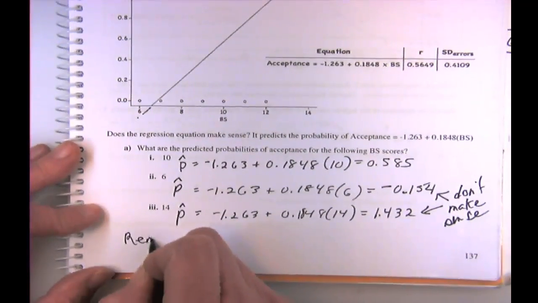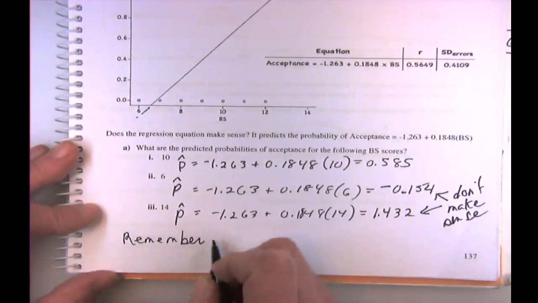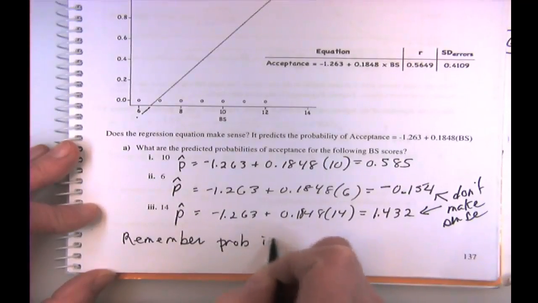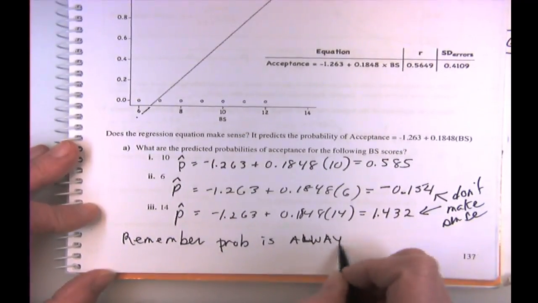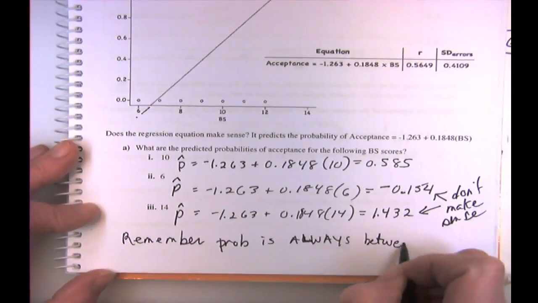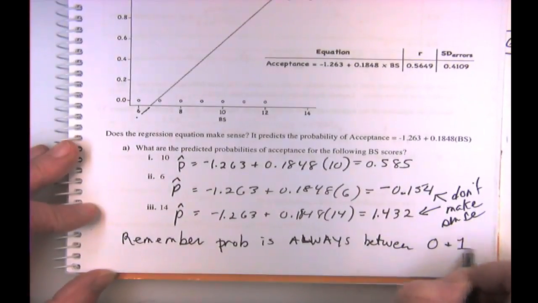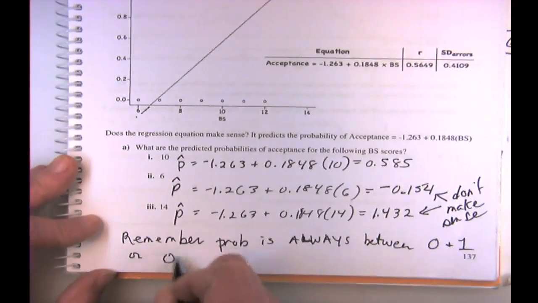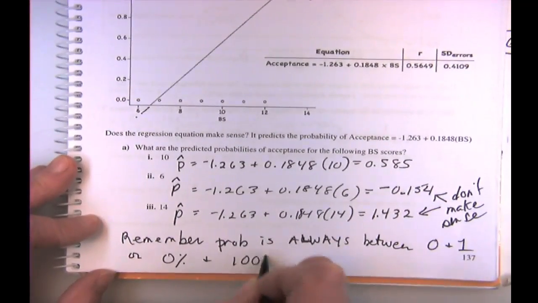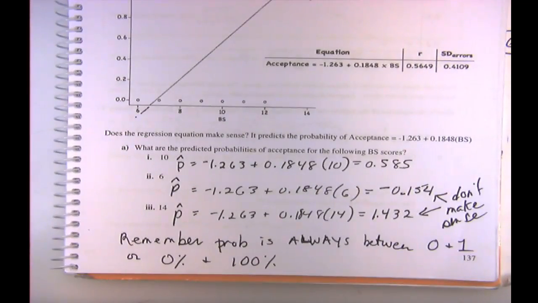Remember, probability is always between 0 and 1, or between 0% and 100%. Okay, so we've got to do something different, right?